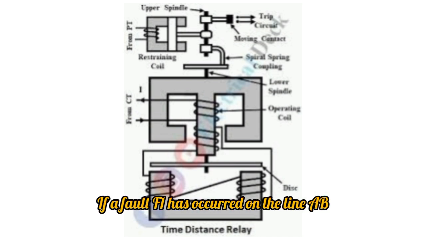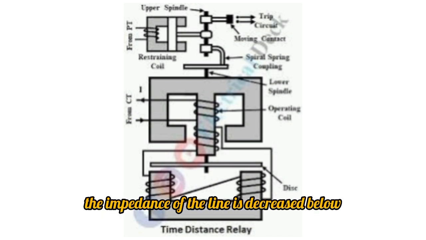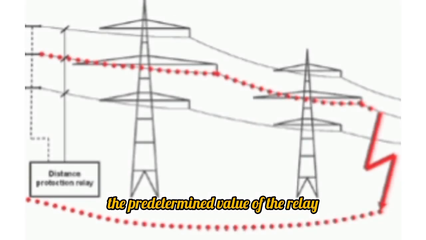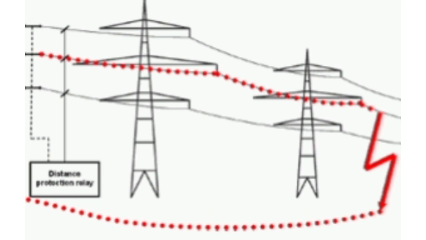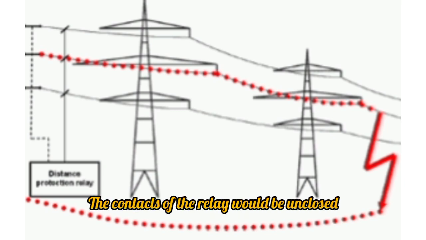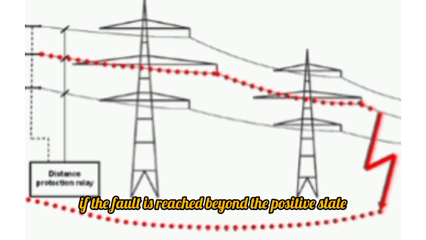If a fault F1 has occurred on the line AB, the impedance of the line is decreased below the predetermined value of the relay and it starts operating by sending the tripping command to the circuit breaker. The contacts of the relay would remain unclosed if the fault is beyond the positive state.